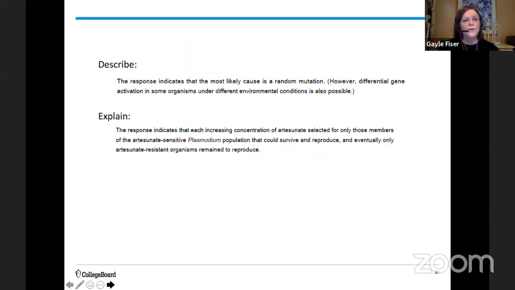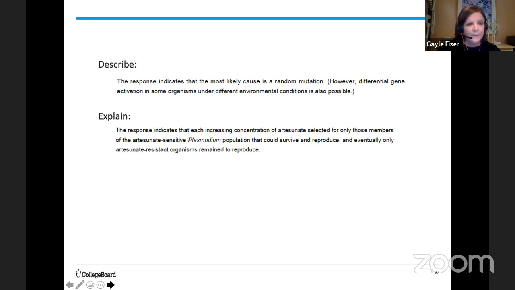Okay, your describe answer should be similar to this. The response indicates that the most likely cause is random mutation. In parentheses, it says, however, differential gene activation in some organisms under different environmental conditions is also possible. But primarily, most people would have answered that the most likely cause is random mutation.